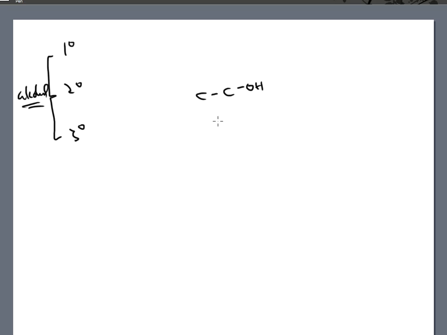So if that carbon is attached to only one other, this is going to be a primary alcohol. If this carbon is attached to 2 others, like here, this is going to be a secondary alcohol. And if this carbon is attached to 3 others, that is your tertiary alcohol. Keep in mind that OH only wants 2 bonds.